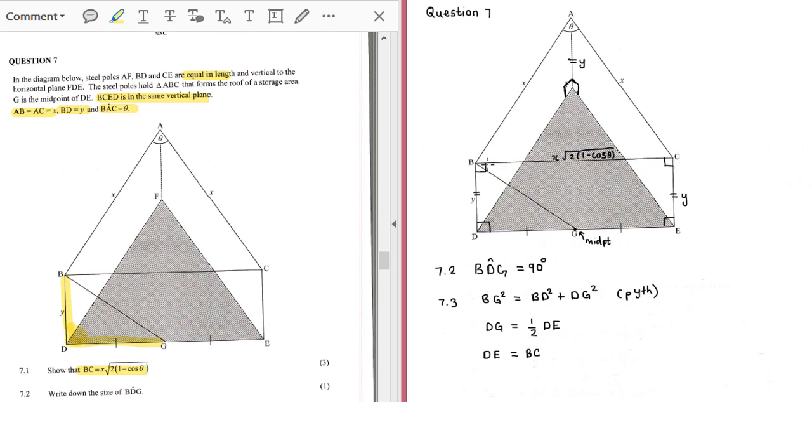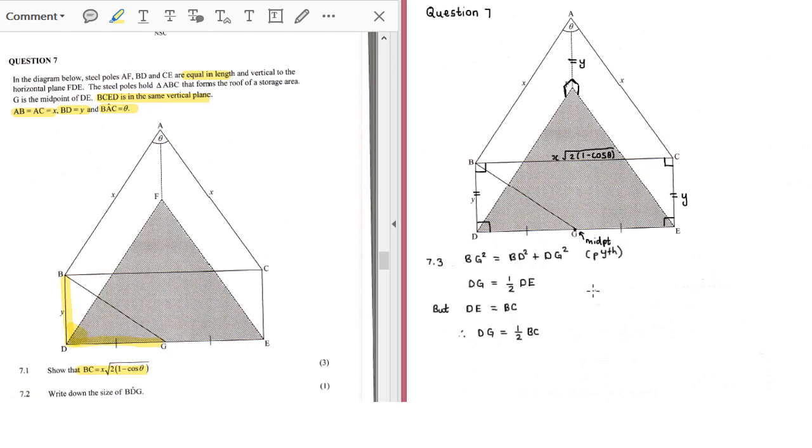The properties of the rectangle basically say that the opposite sides are equal in length. So we can then say therefore DG is equal to half of BC. Okay, and we just showed what the length of BC is in the previous question.